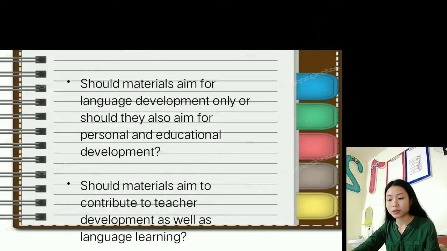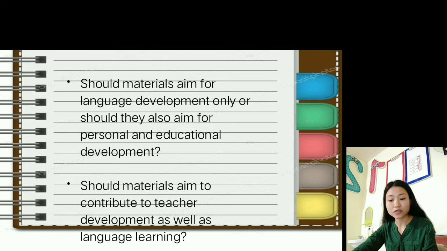Should materials aim for language development only, or should they also aim at personal and educational development? Many language teachers argue that it is their job to help the learners acquire language and that they are not responsible for their educational development.